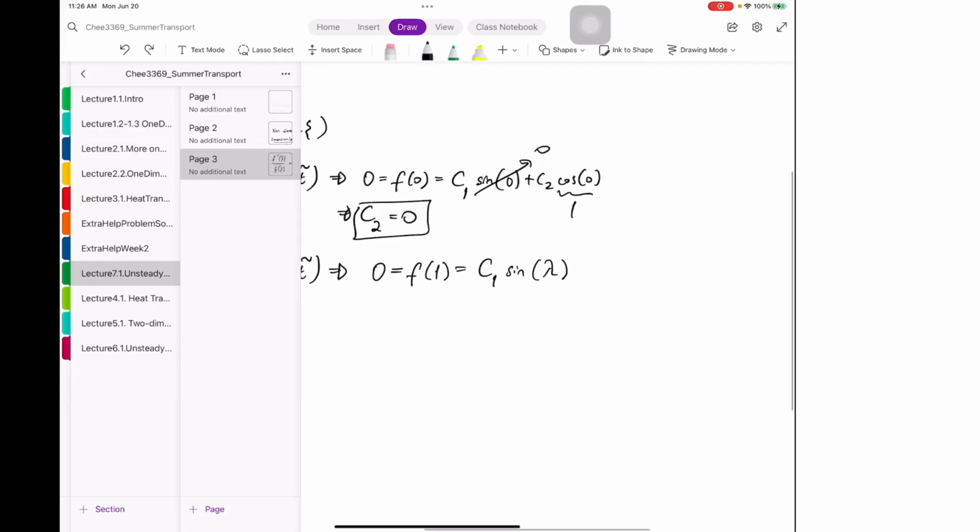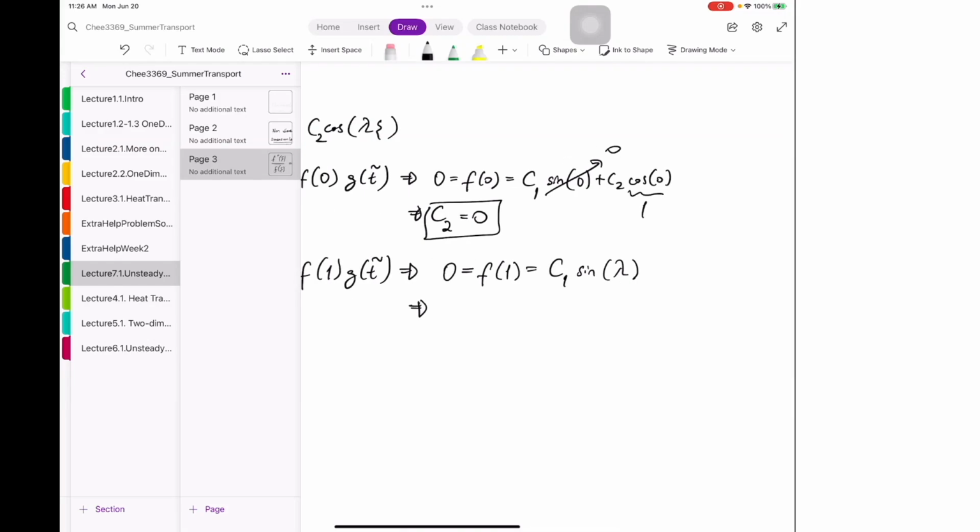So from here, what do we find? Any idea? Is it the C1 which is 0 or sine lambda which is 0? So sine lambda. Why is that so? Because C1 makes it trivial. Exactly.